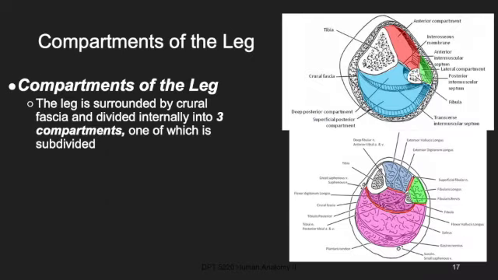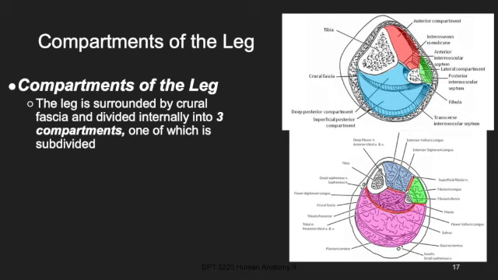For this section, really spend some time with this section. This is probably the most important section of this piece of content. You have to know your compartments. Understand that we have 4 different compartments in the lower leg.